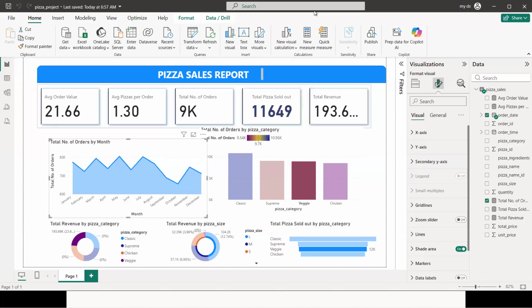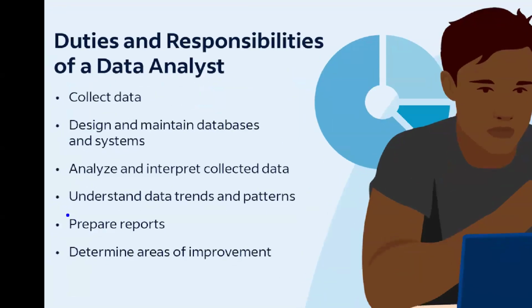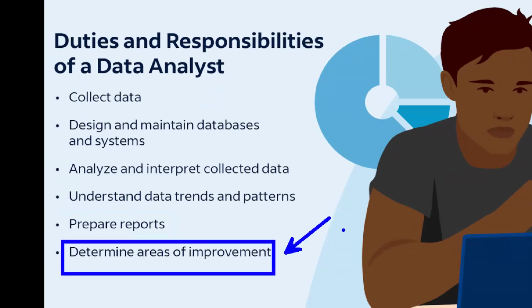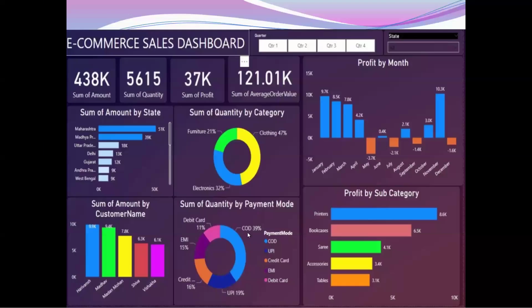So what's the point we discussed here? We can prepare our own reports and we can determine areas of improvement. By finding the reports, we can find the areas of improvement. In the last class, we discussed how to get these dashboards and how to analyze them.